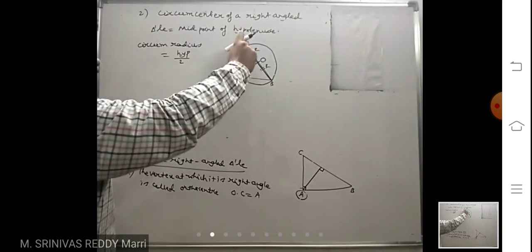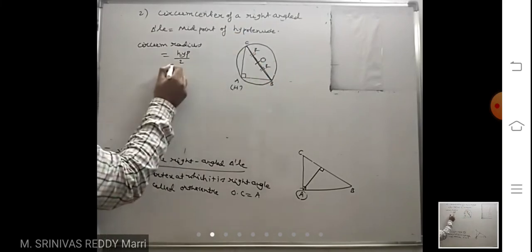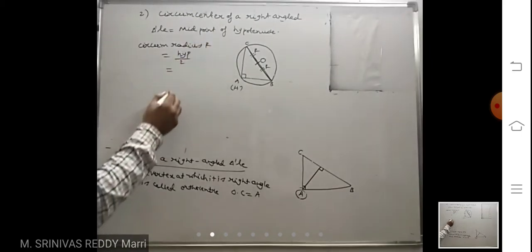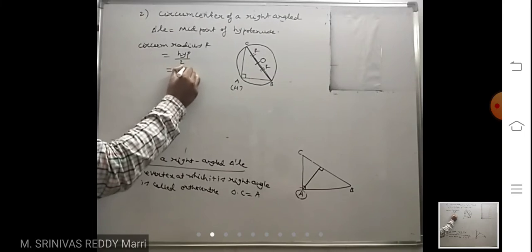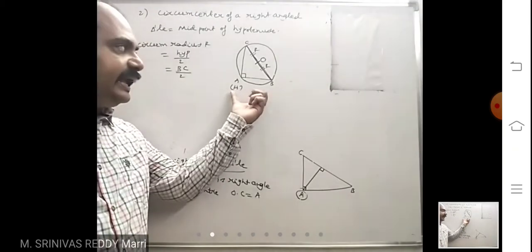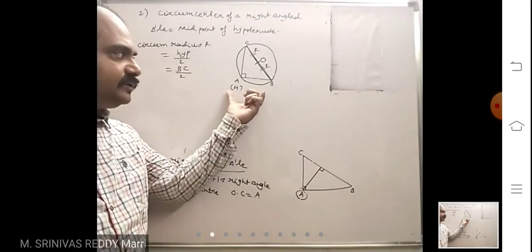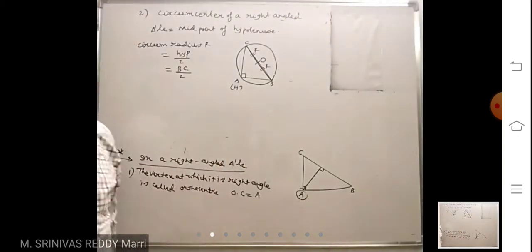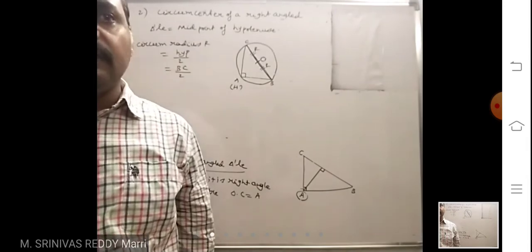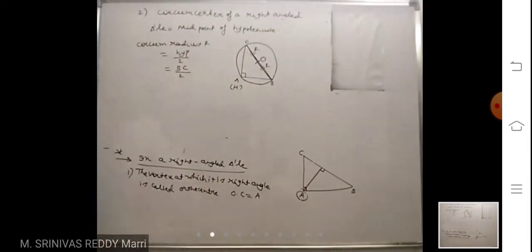So circumradius capital R is nothing but hypotenuse length BC divided by 2. If a right angle triangle is given and you are asked to calculate circumradius, you take the hypotenuse length, and that divided by 2 will be the circumradius.